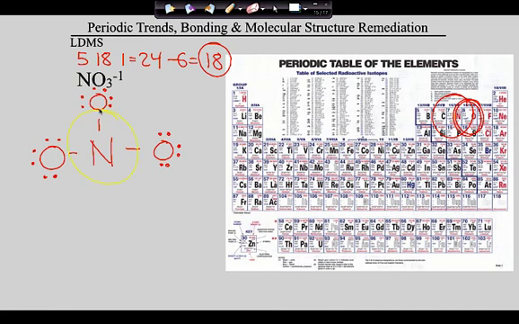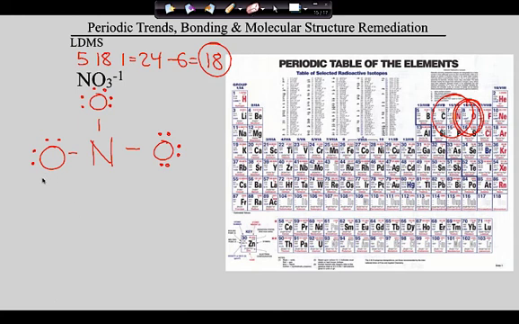Notice though that the nitrogen has only got 6. So we need to give that nitrogen 2 more electrons. Of course that means we need to double bond, but where will we create the double bond? It doesn't matter. We can go to any of these oxygens and take off 2 electrons.